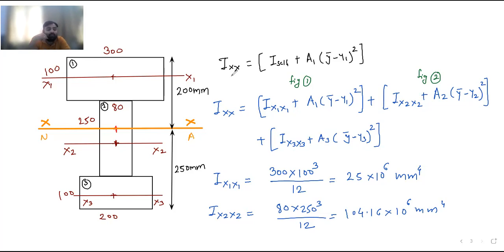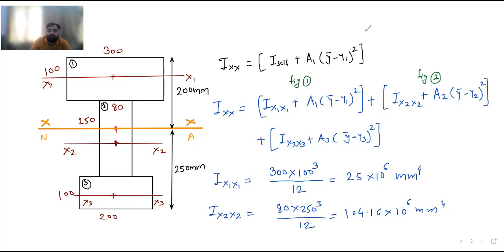So you should take the moment of area two times. Area is measured in mm square, and two times moment means you have to multiply by the distance again, so square into square becomes raised to 4.